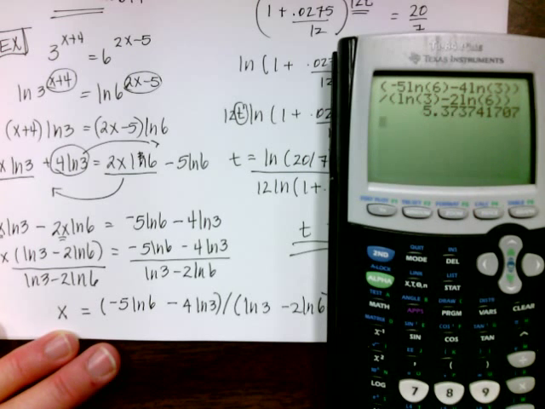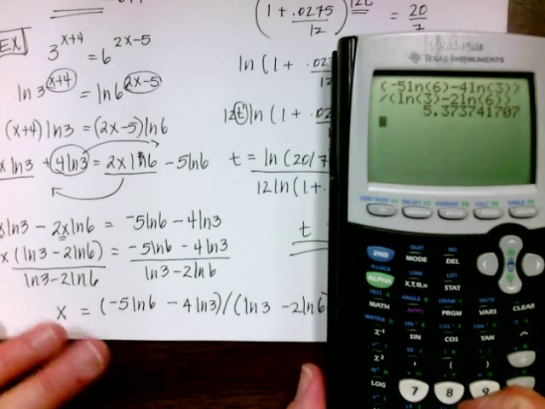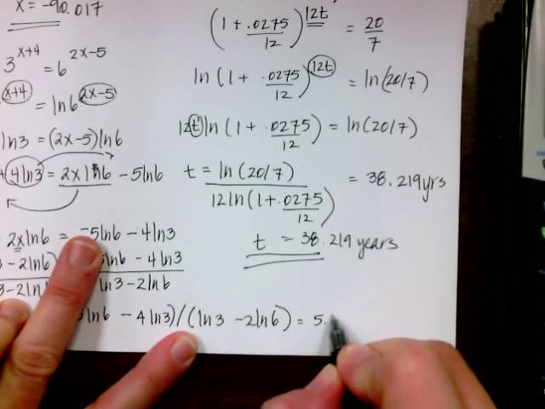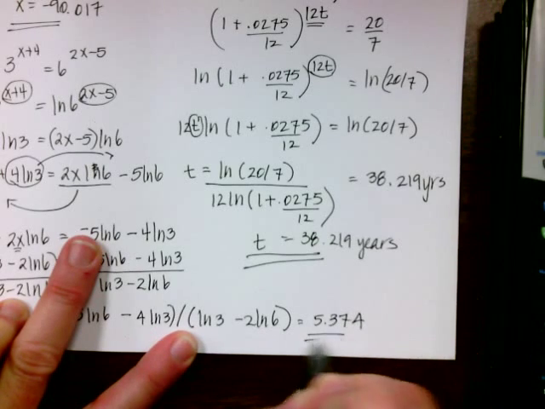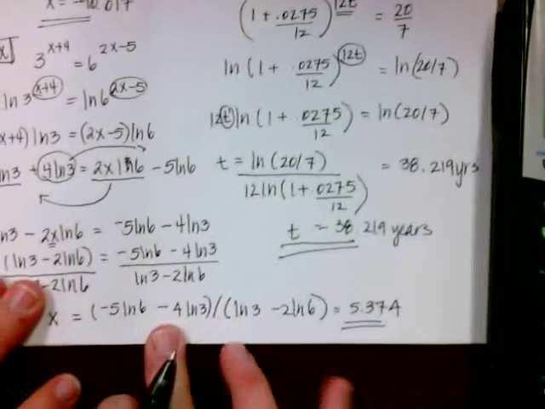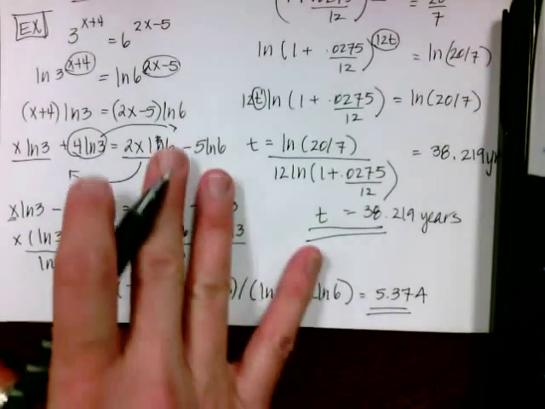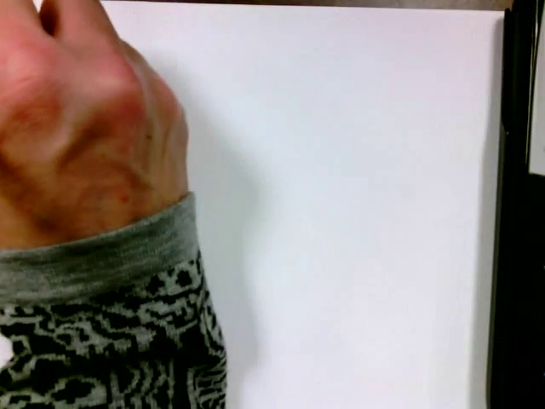And I got 5.374. Okay, so this is equal to 5.374. So I would recommend highly that you practice with your calculator, because this is just a little bit of calculator work. All right, now let me show you your problems, and then we will be done.